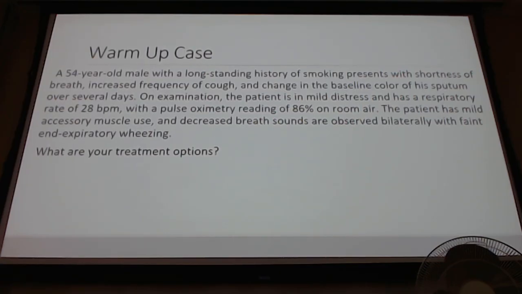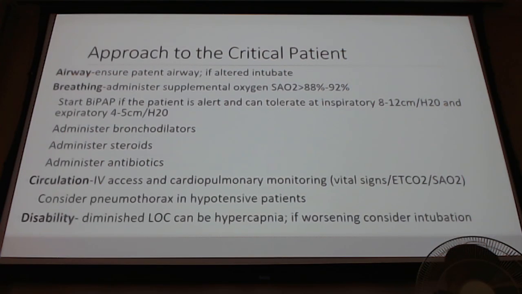So we like to keep them between 88 and 92%. So we'd certainly put some oxygen on this patient, and then we would consider all of our other treatments. We'd start with our ABCDs, IV, O2, monitor. We would start them on a DuoNeb, get the steroids, oxygen on board, and then we would reassess and determine whether we need BiPAP or see a response to that therapy.